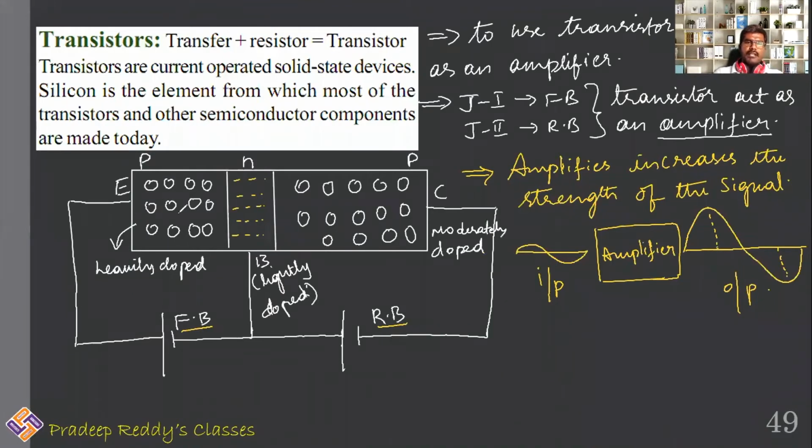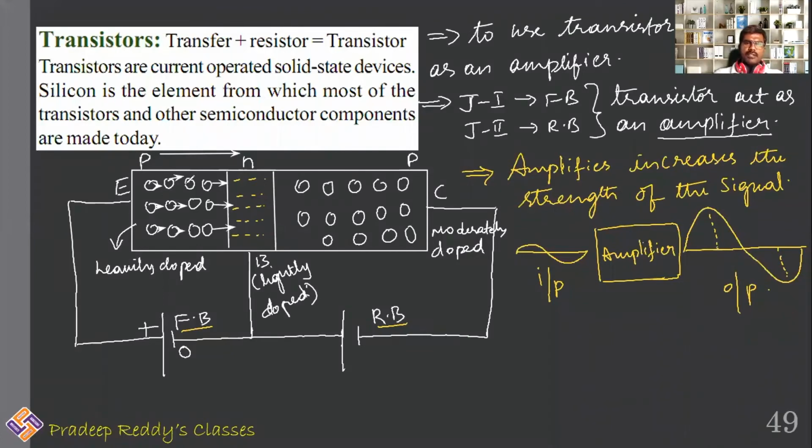Remember, as you are heavily doping the emitter region and connecting it in forward bias, P type is connected to positive and N type is connected to negative. As a result, the holes are allowed to cross the first junction. All these holes are pushed in this direction because the field is from P type to N type.